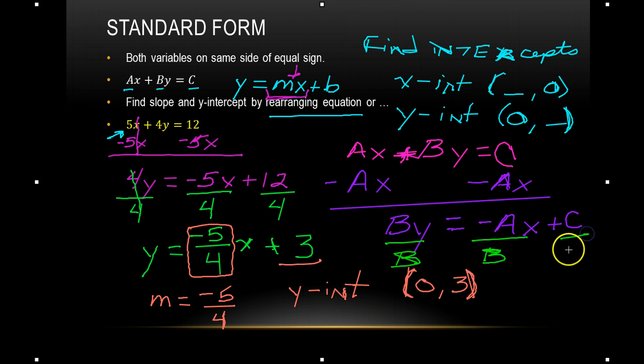This ends up giving us y is equal to negative a over b with your x, and at the end we have c over b.